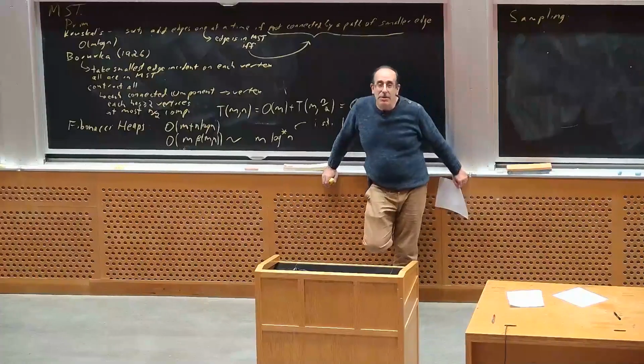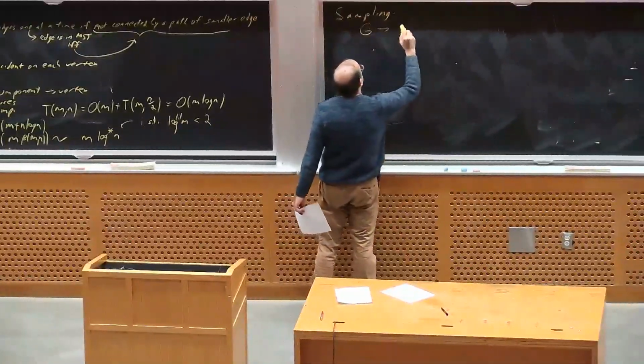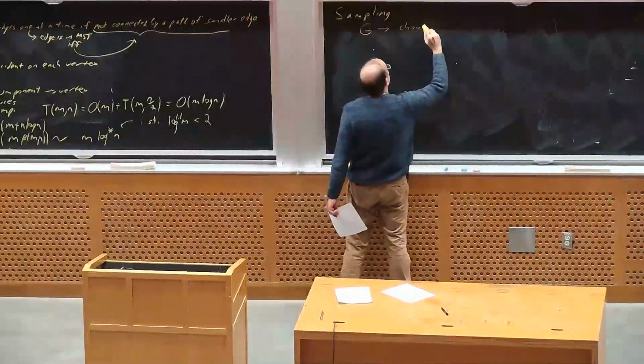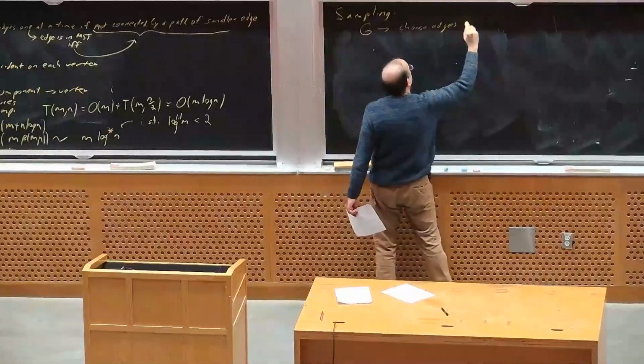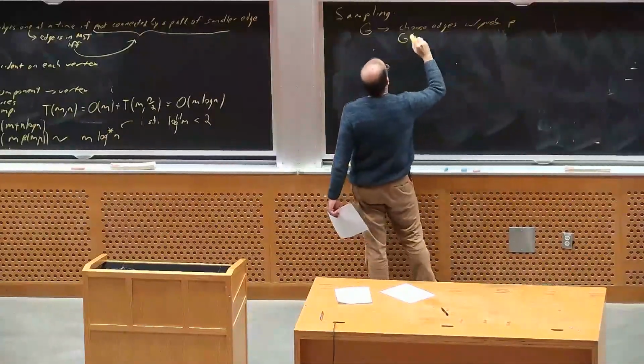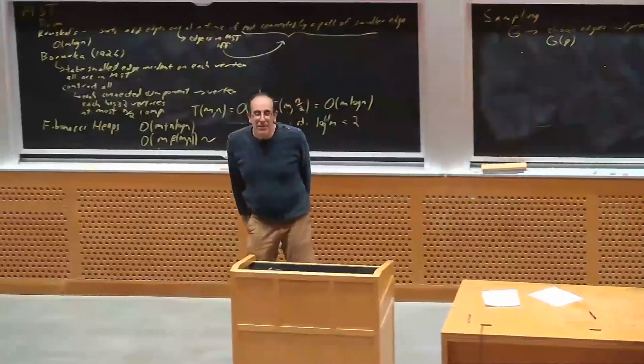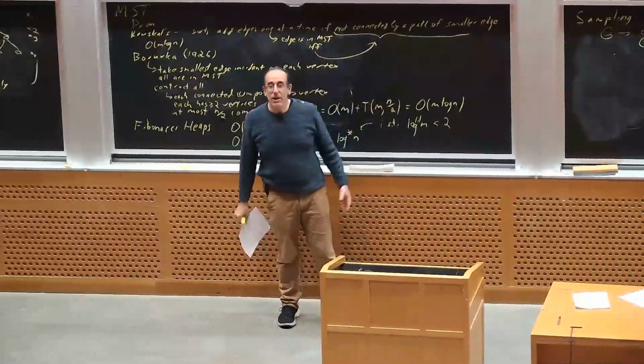Well, there's not a lot here, but I would argue that the most obvious thing to do is to take a random subset of the edges. Okay, and I'm going to denote this by G(p), which is stealing notation from the theory of random graphs.